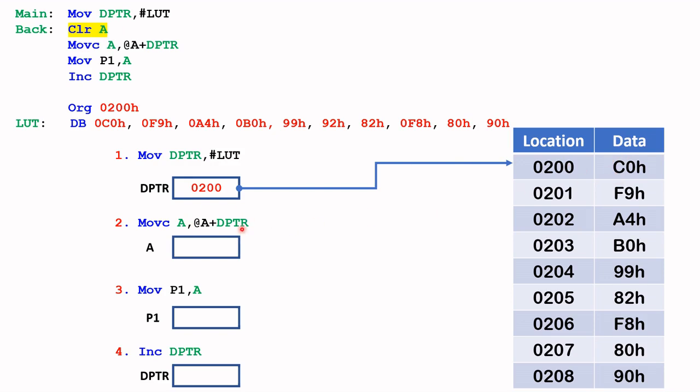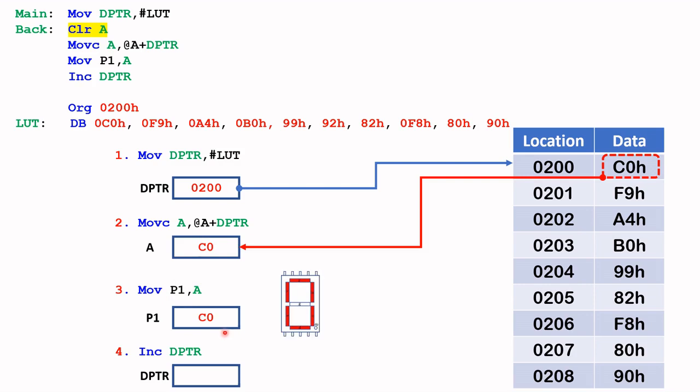Copy that, C0H to here, and you get A with the C0 hexa, and then from there you copy the contents of A, which is C0, to port 1.